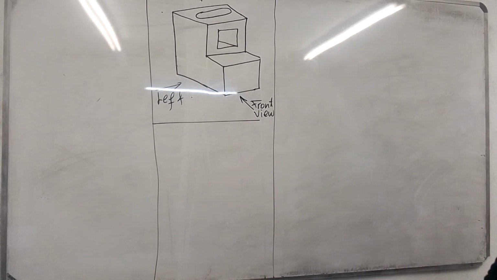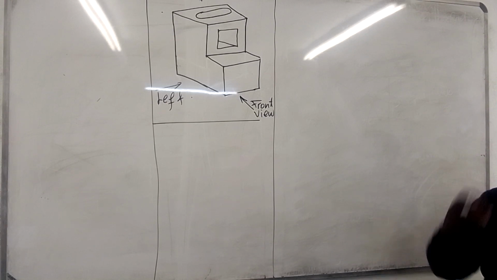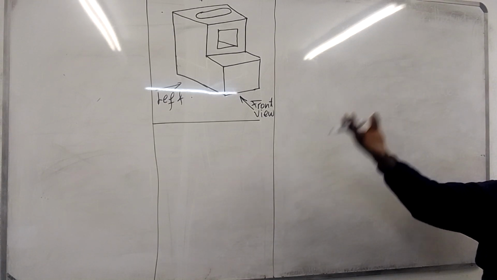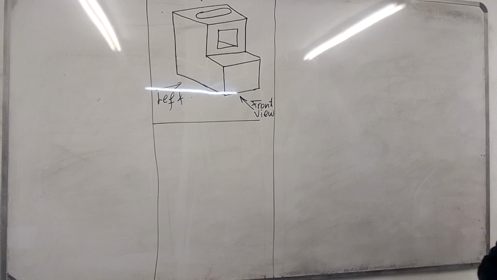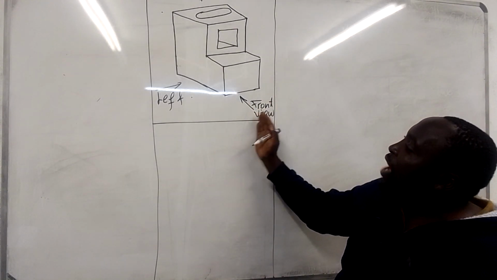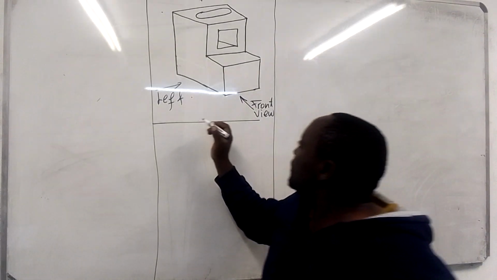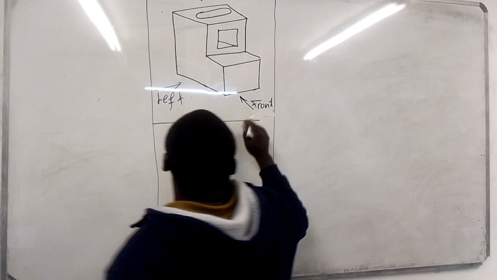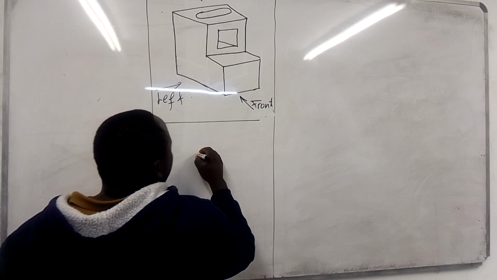Since I can't see the right view, I'm assuming that it is there. So for me, I've got this drawing that is showing me front, left, and top view. I will draw the same drawing but in the other direction.